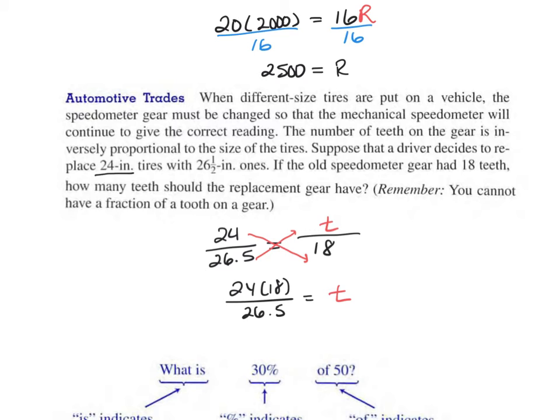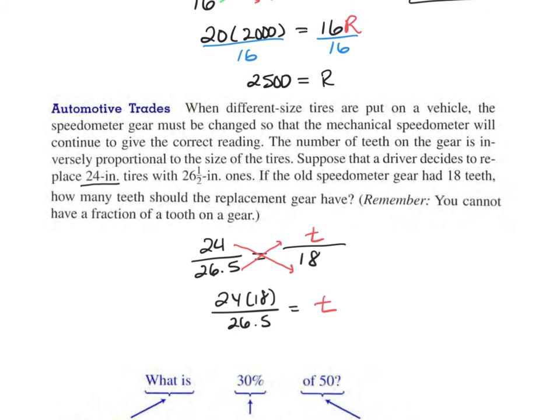So I have 24 multiplied by 18 divided by the 26.5. And I end up with the teeth I need is 16.3018. You can't have a fraction of a tooth, obviously. So then you could round down and you'd get 16 teeth.